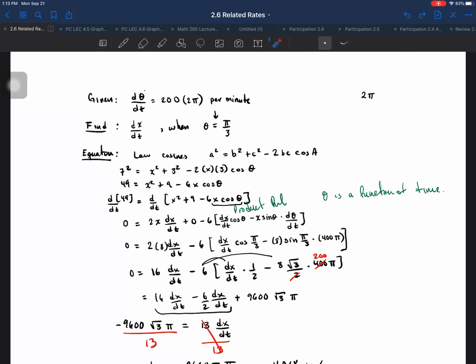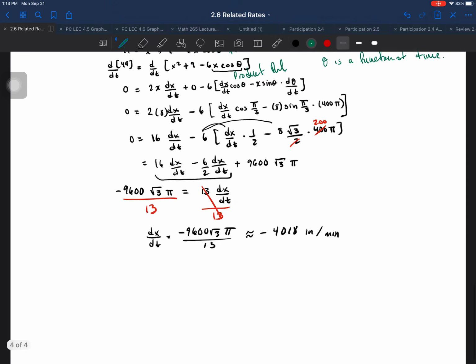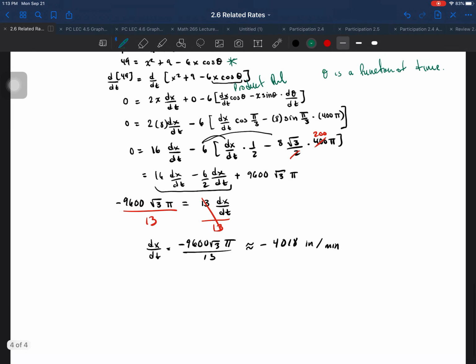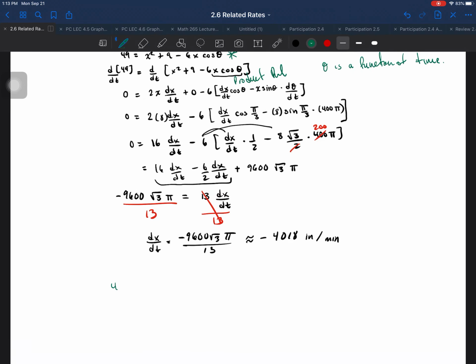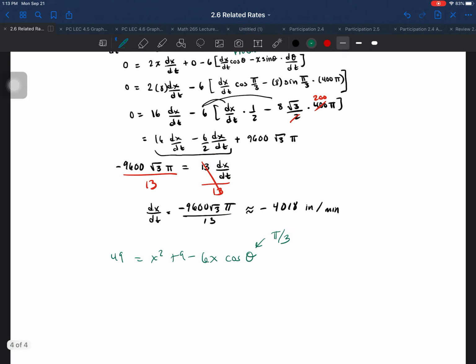So we take this equation before you take the derivative of it, and you do that on the side as side work. So what was it? 49 equals x squared plus 9 minus 6x cosine theta, and you replace theta with pi over 3, then the unknown will be just x. So you have 49 equals x squared plus 9 minus 6x cosine of pi over 3.